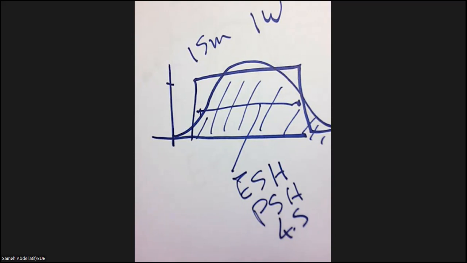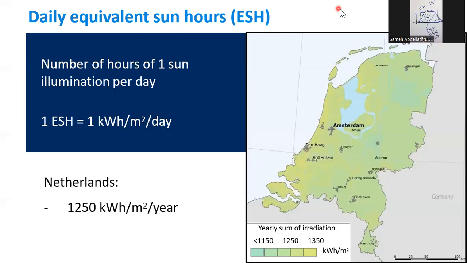In just one simple calculation, you make the estimation. And this is the added value of having what's called the peak sun hours in calculating the energy produced from a PV system. Okay, so this is the peak sun hours or the equivalent sun hours model in calculation.